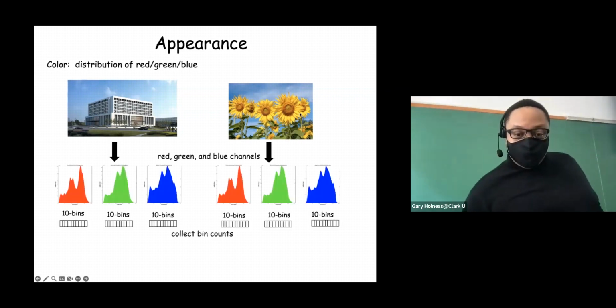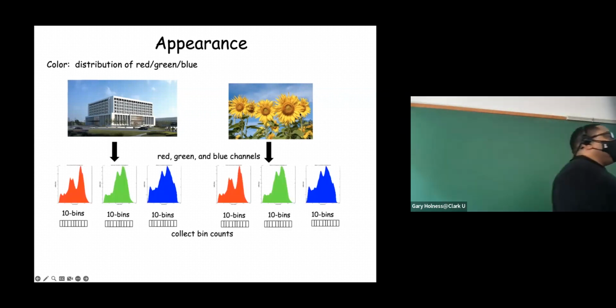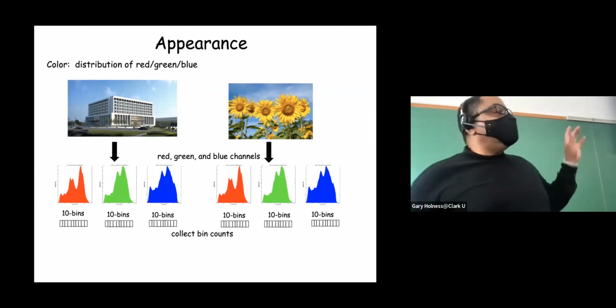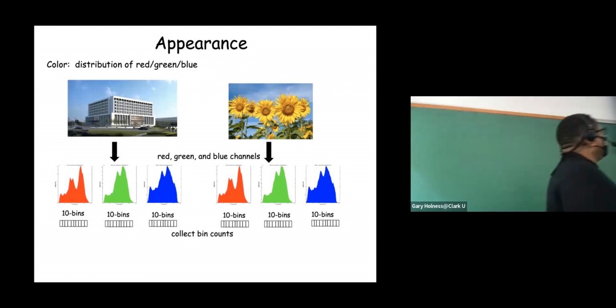If we take our histograms, and in the case of this visualization, imagine instead of 255 bins per histogram, we had 10 bins per histogram. So we can turn the color representation into a vector-based representation by literally collecting the bin counts for each of those bins across our histograms for the red channel, the green channel, and the blue channel.